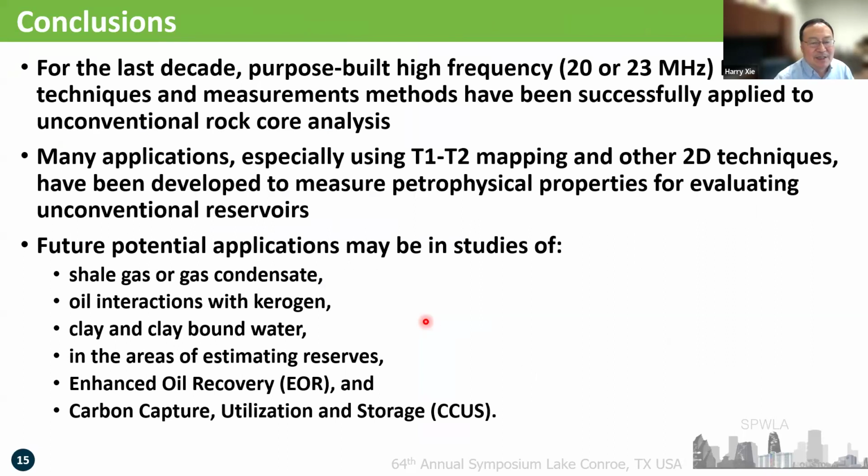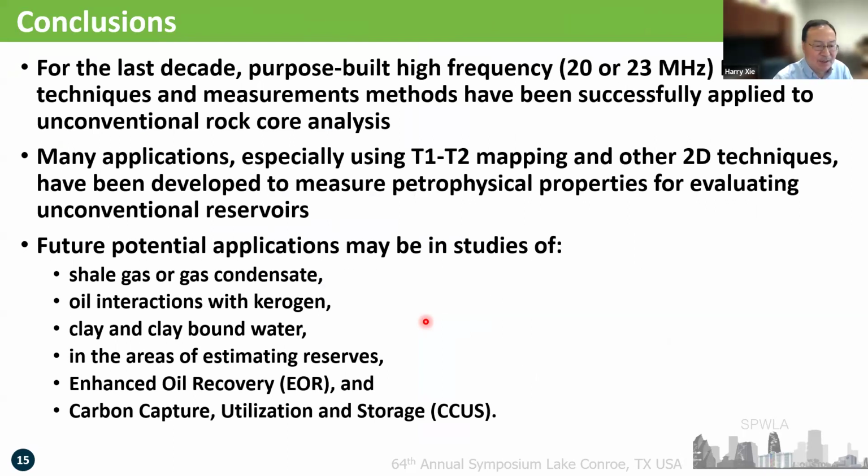Yeah. So the latest development, especially in the last 10 to 15 years, is that higher frequency NMR measurement, 20 or 23 megahertz, is being widely used. If you do a literature search, more and more people are starting to do this work.